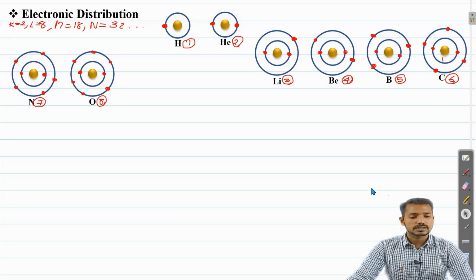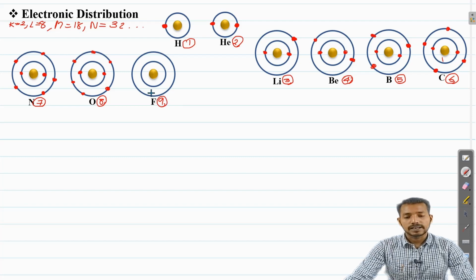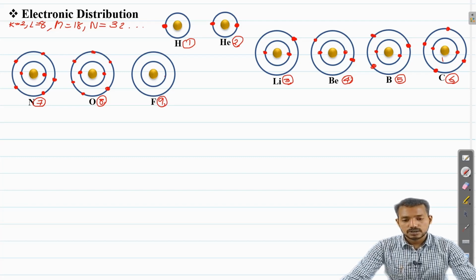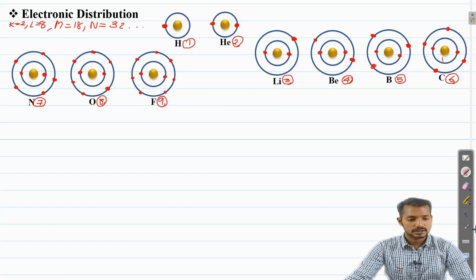Now we are going to discuss the next atom, fluorine, with 9 electrons. 2 electrons are already filled in the first orbit, remaining 7: 1, 2, 3 and 4, 5, 6, 7. 7 electrons are filled in the second orbit.